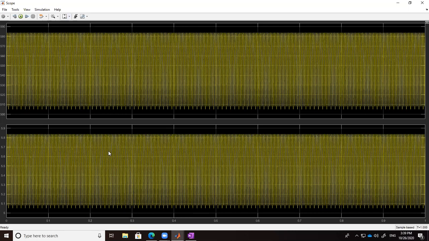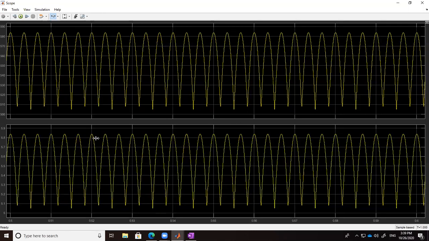Now still, I have done the simulation for 1 second, and because the signal is 50 Hertz, I'm not able to clearly see the change in the waveform. So I will zoom the waveform. Now it is a little bit visible.